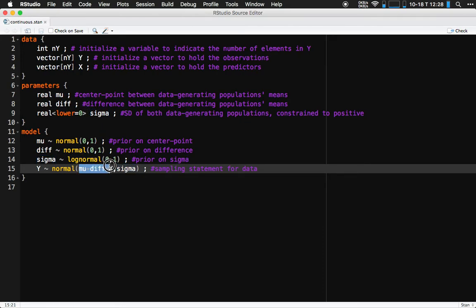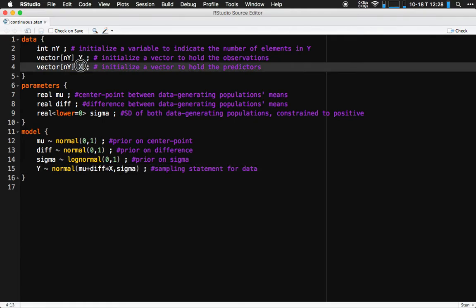It had an intercept of mu, but what was added to the intercept was contingent on what the value in this indicator column was, such that if it was one group, it would be diff times negative 0.5. If it was the other group, it would be diff times plus 0.5.